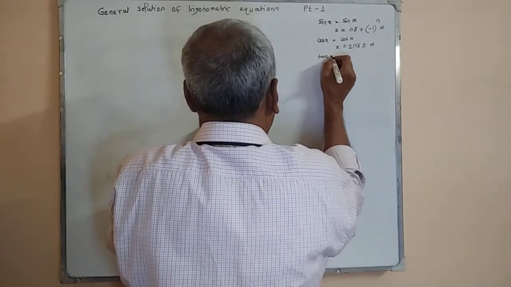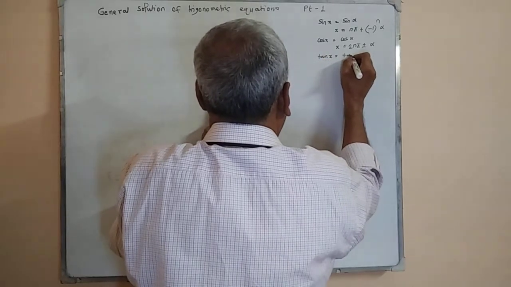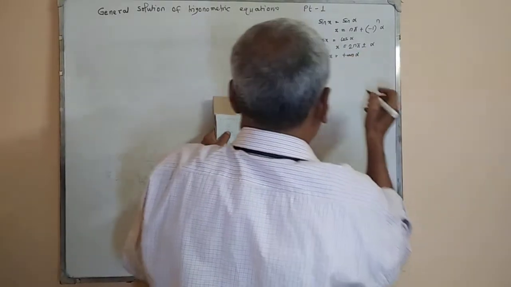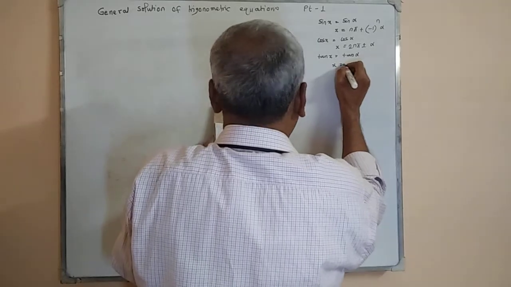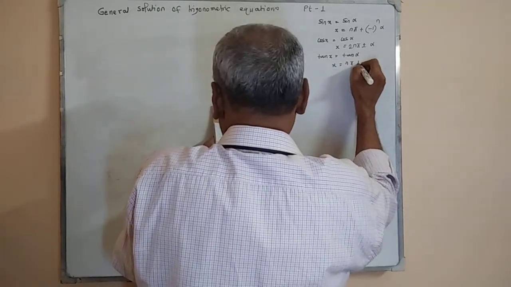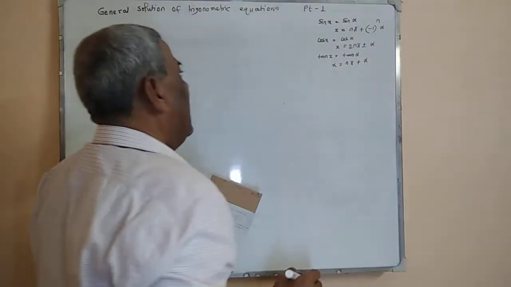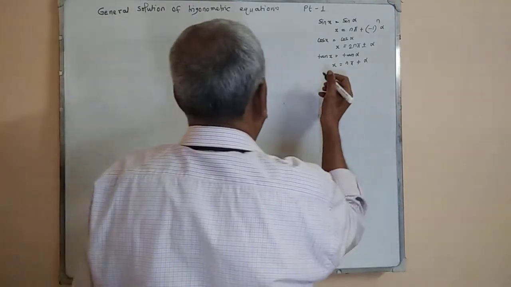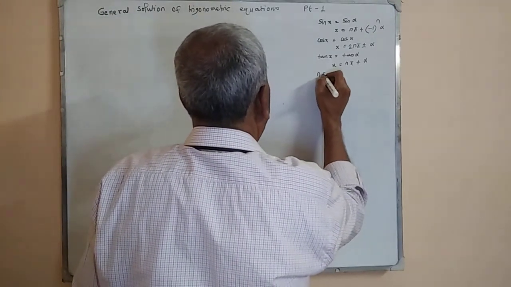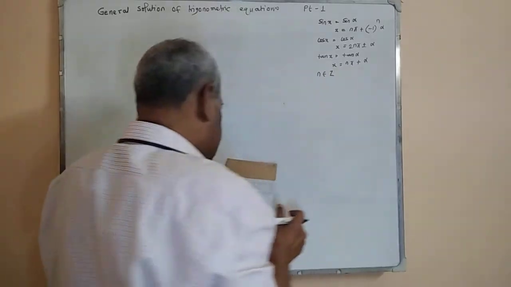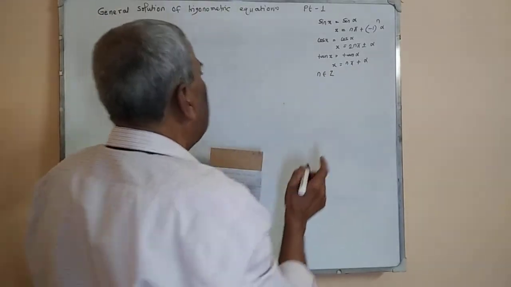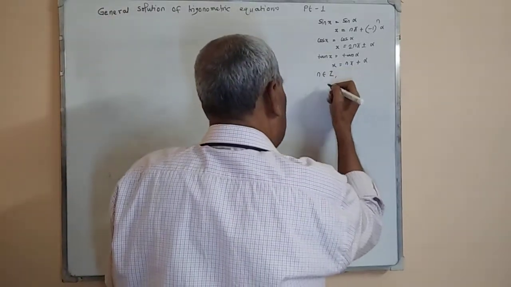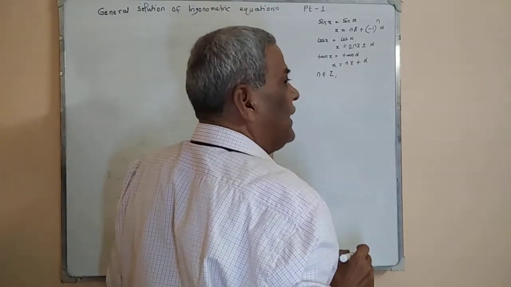Tan x is equal to tan alpha, then its solution is x is equal to n pi plus alpha, and n belongs to Z, the set of all integers, including 0.